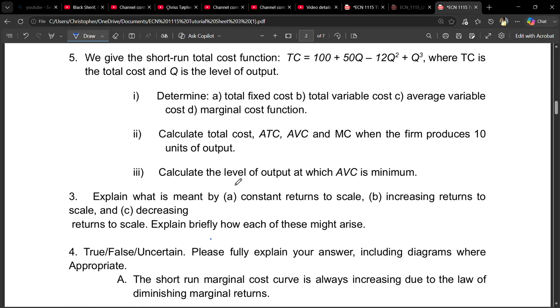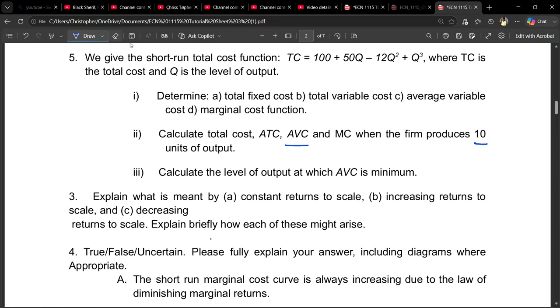3 is saying calculate the level of output at which average variable cost is at its minimum. So here we just get the average variable cost. You replace it with q, which is this one. Then you find your answer.